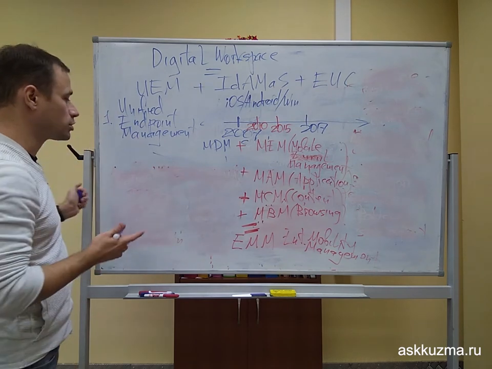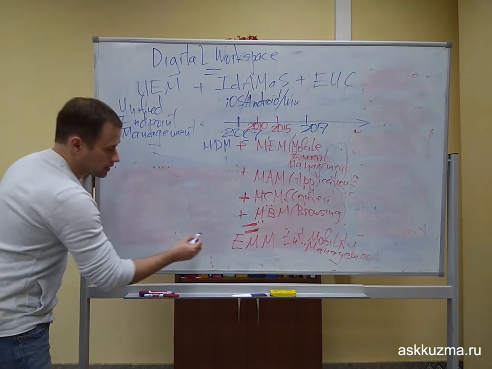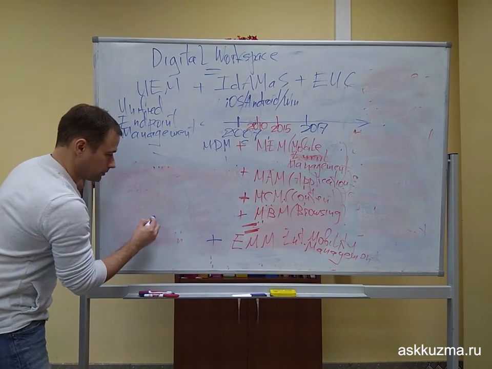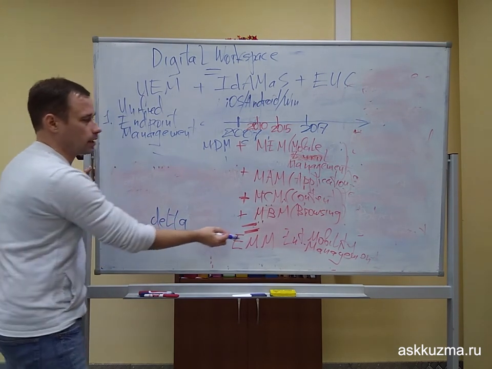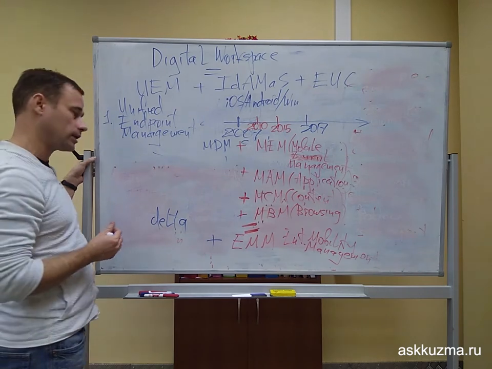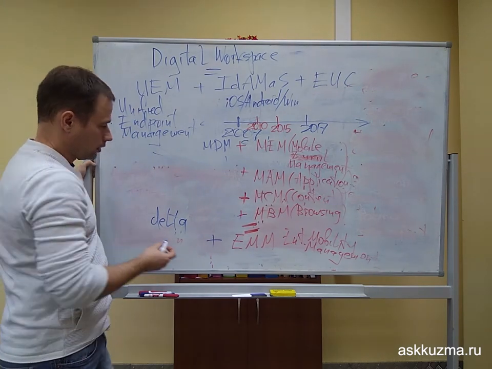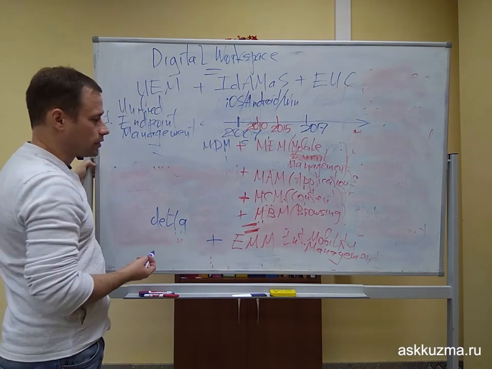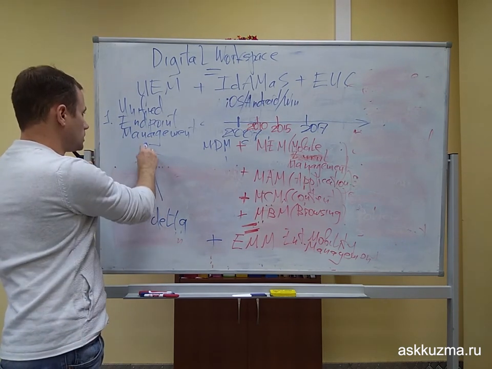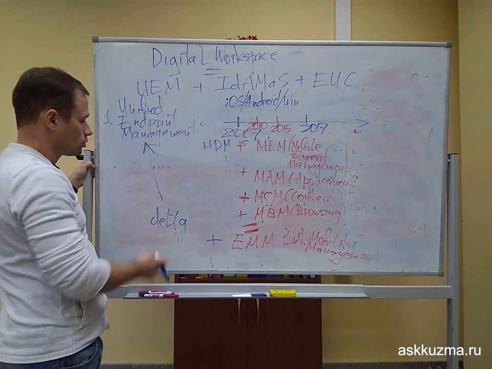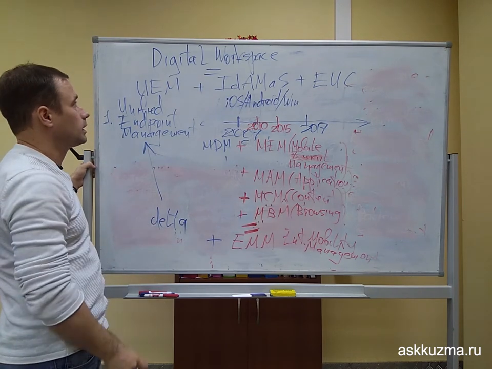So, according to our pseudo formula, that's a call for adding some delta functionality to our existing EMM related functionality. So, if you add something to Enterprise Mobility Management, you get this Unified Endpoint Management. So, what's the delta?